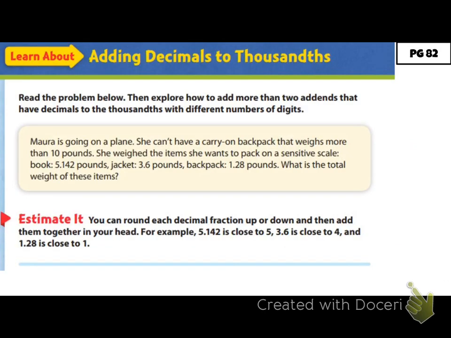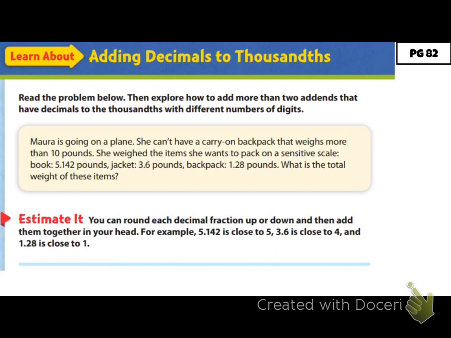Okay, now top of page 82. Read the problem below, then explore how to add more than two addends that have decimals to thousandths with different numbers of digits. Mara is going on a plane. She can't have a carry-on backpack that weighs more than 10 pounds.